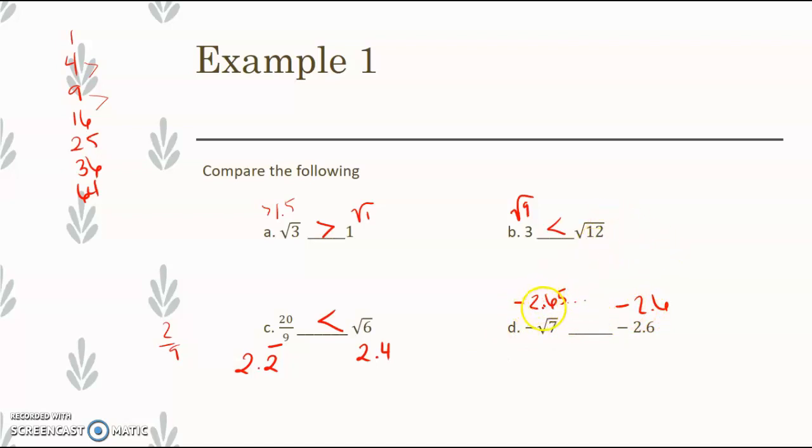And so this negative 2.65 is actually smaller than our negative 2.6, because negative 2.6 is closer to 0 than negative 2.65. And so we've got to think the opposite when it comes to negative numbers.